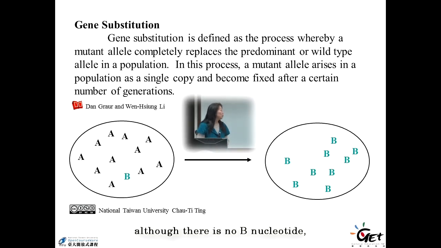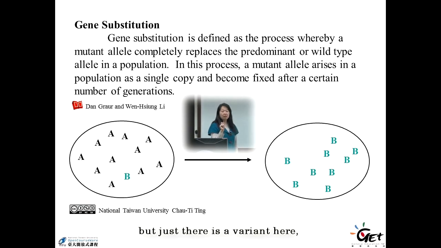Although there's no real B nucleotide, there's just a variant here, a new mutation, and I use B as an example. The mutation B arose in the population, then it spreads through the population. After a certain time period, B is fixed in the population. In this process, we say B is the new substitution of the A.